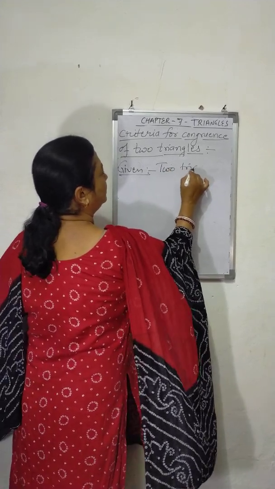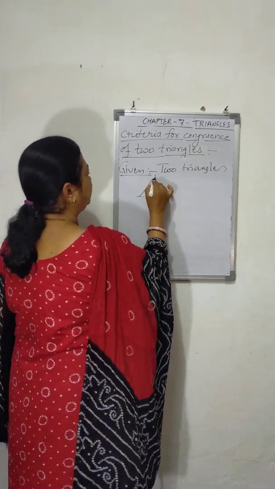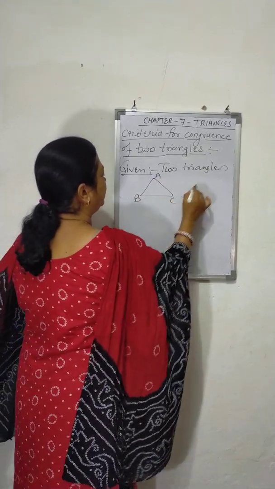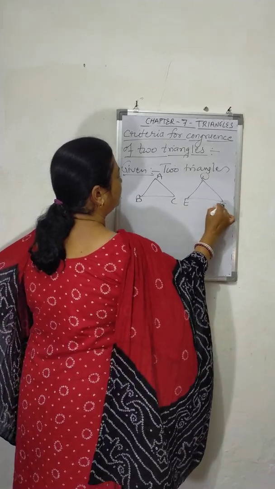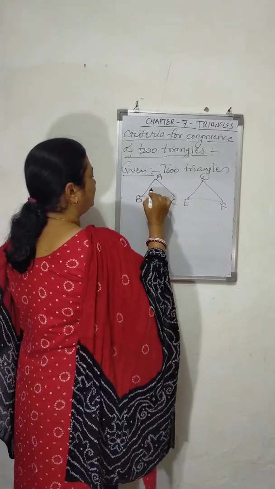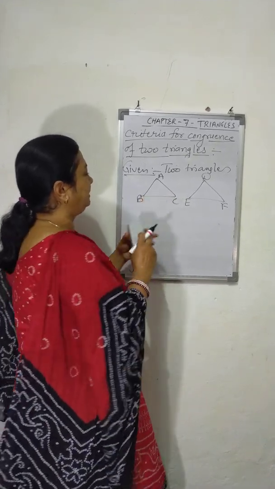Two triangles, let us take them as triangle ABC and triangle DEF, and two angles and the included side.